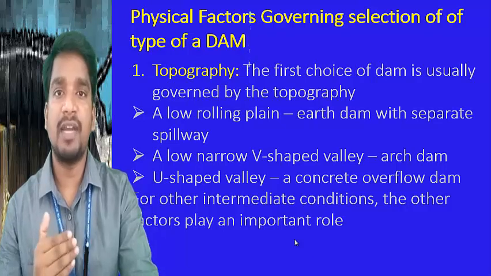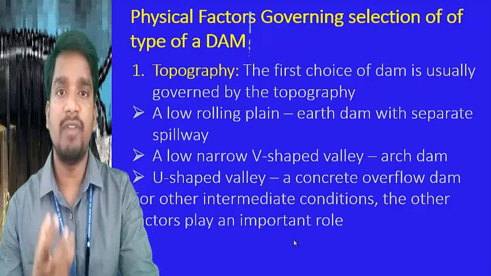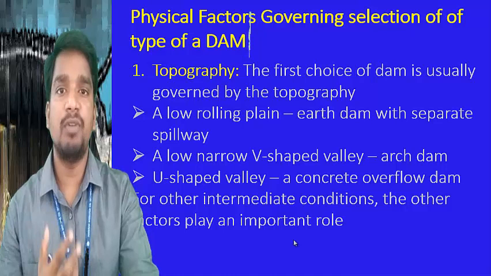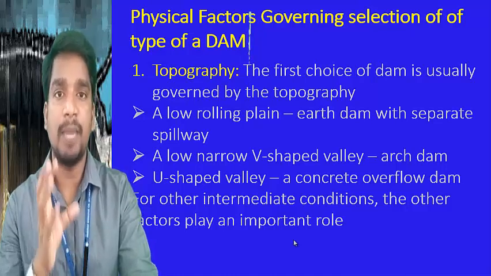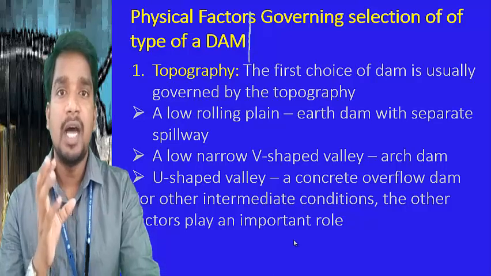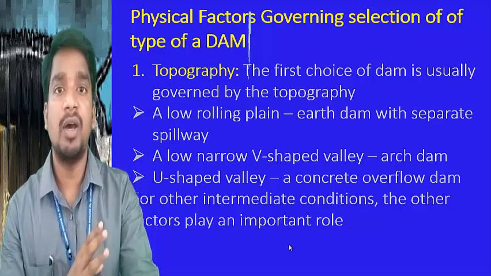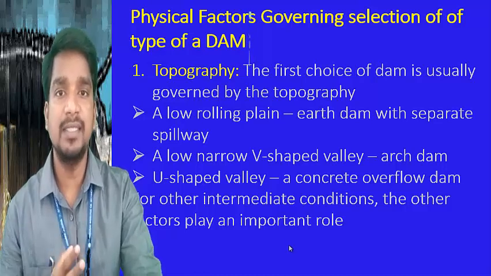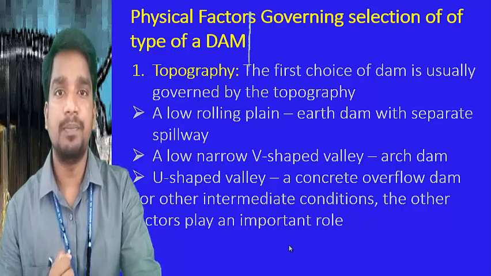So these are the important factors which are decided by the topography only. Whether a U-shaped valley, a low rolling plain, or a V-shaped valley is there, these topographic features are suitable only for specific types of dams. These conditions are not suitable for all types of dams. That is the reason topography plays an important role in the selection of the dam.